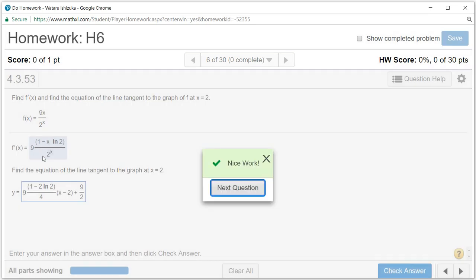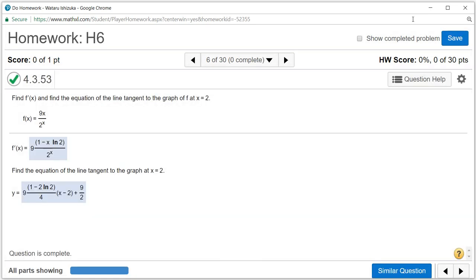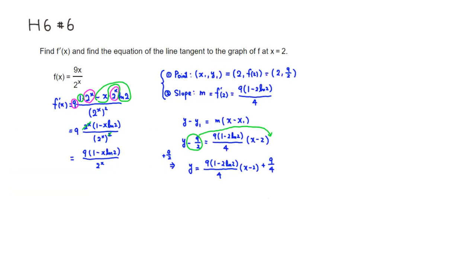So we got that. That's it. I hope that this was clear. Oh, actually, I messed it up here. This should have been 9 halves. I have to change that before I close it. So this was 9 halves. That's it. I hope that this was clear.